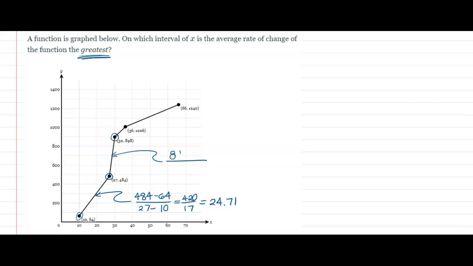So 898, take away 484, 30, take away 27, simplifies to 414 over 3, which reduces to 138. Go ahead and find the slope for this segment here and this segment right here, and then we'll compare them.